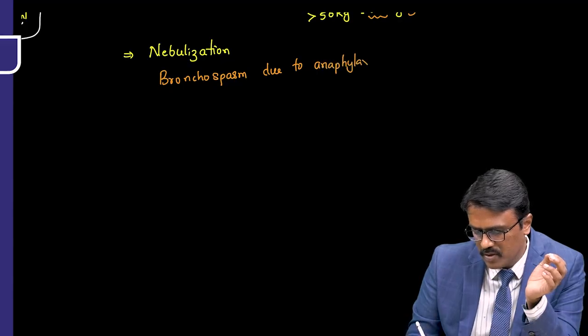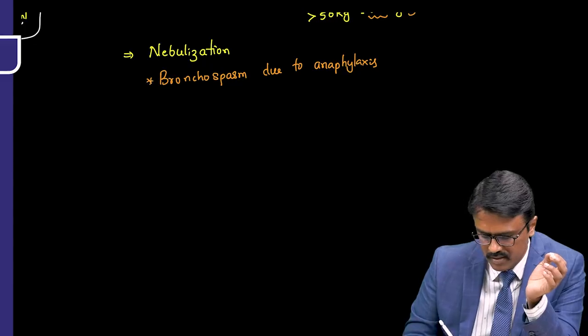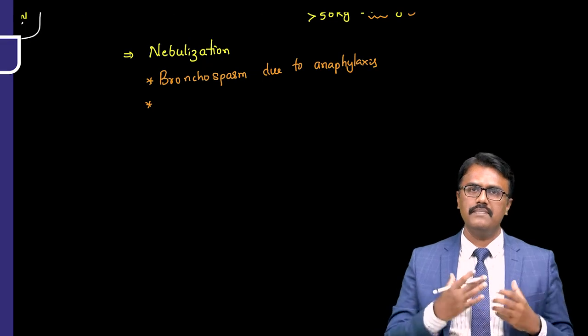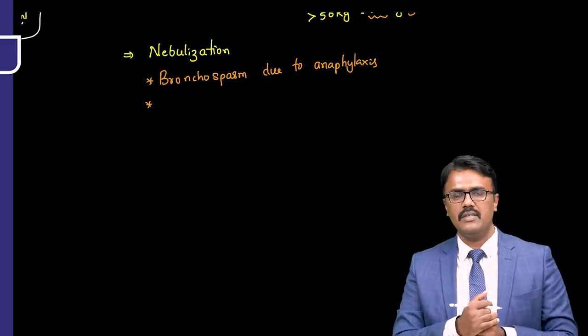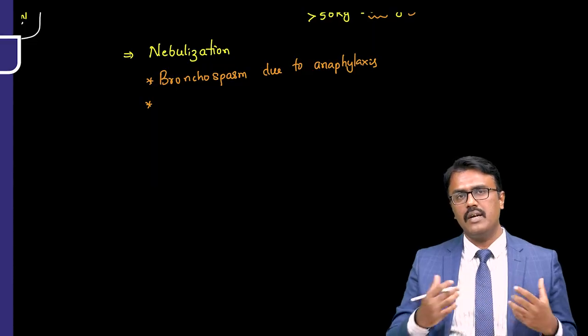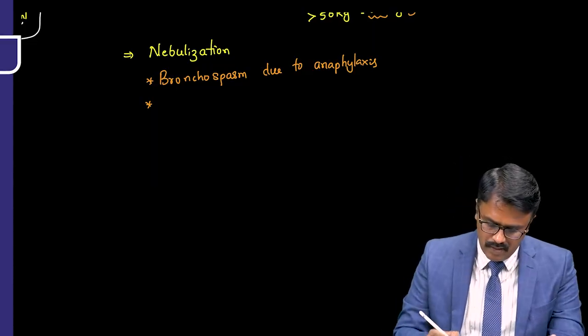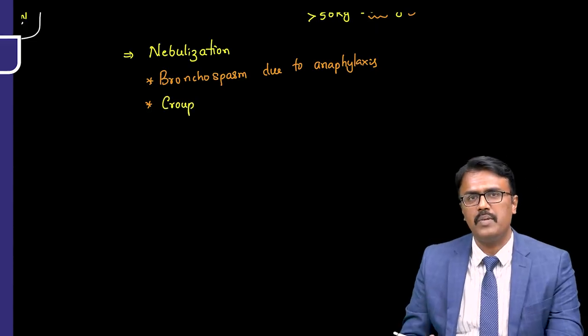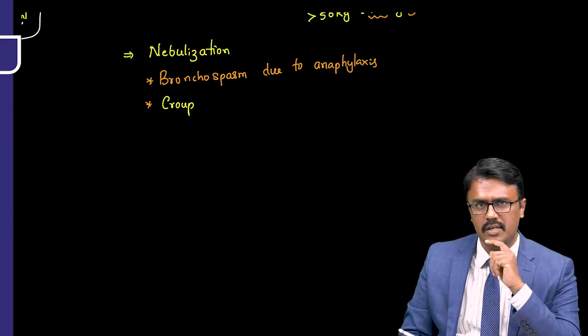What happens when there is anaphylaxis? The histamine comes into action and causes bronchospasm. So we use adrenaline. Another important condition where we use it is croup. The meaning of croup is acute laryngotracheobronchitis.